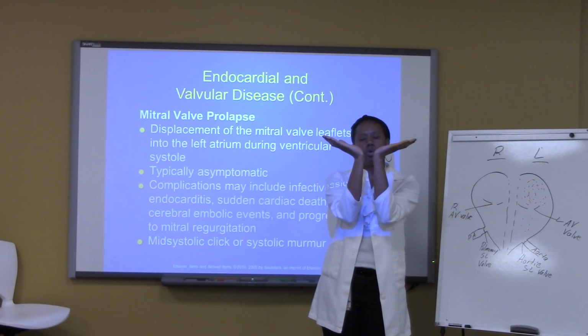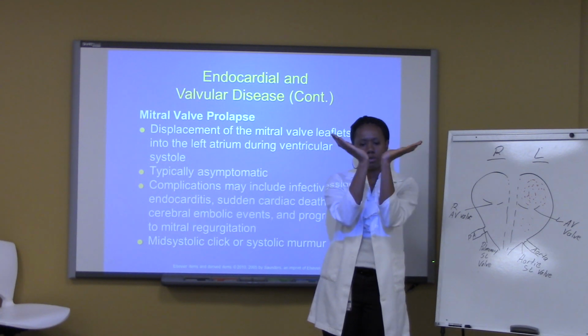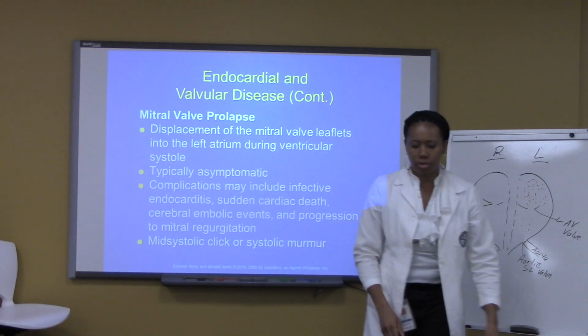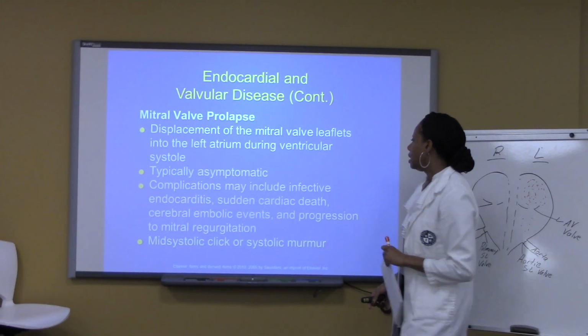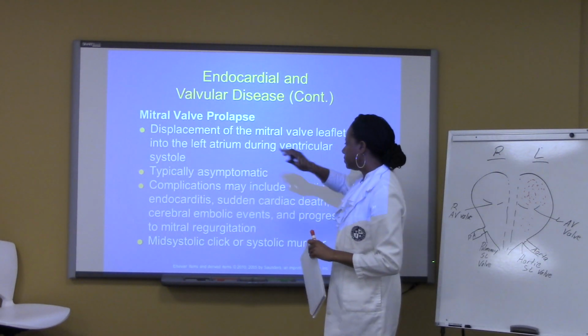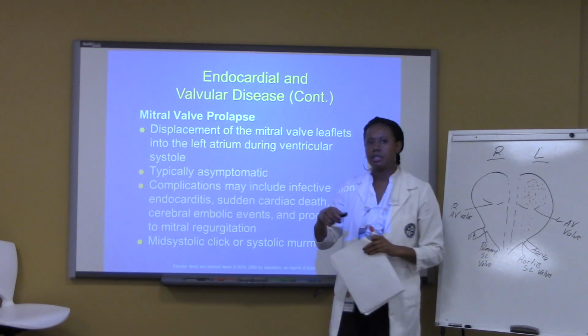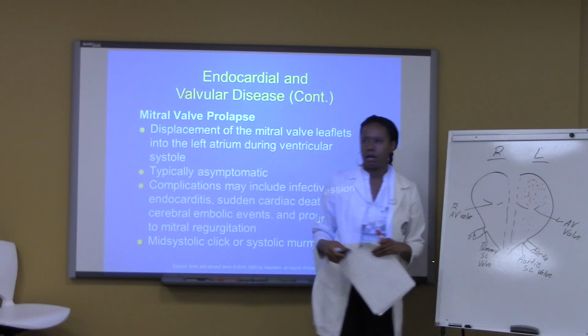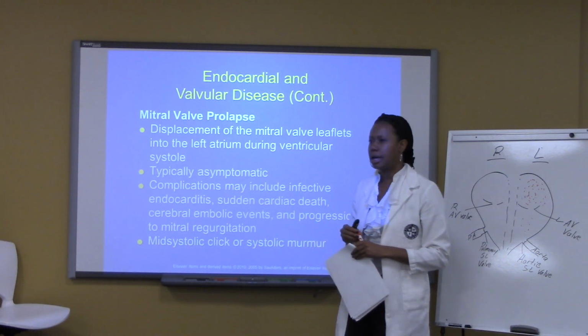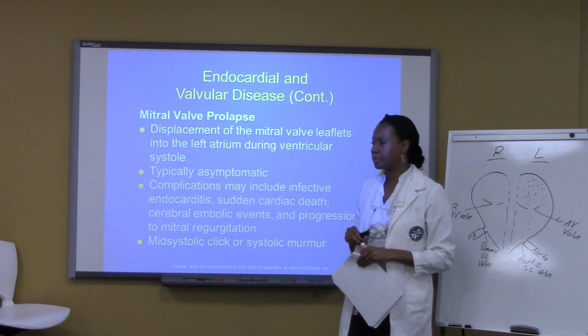So if the orientation is off, this is obviously going to alter the way it opens and closes. So mitral valve prolapse is a displacement of the leaflets of the valve. And because of this, obviously, the patients will get a regurgitation of blood going back up to the left atrium, much like the mitral regurgitation.